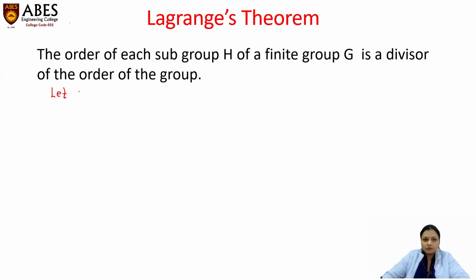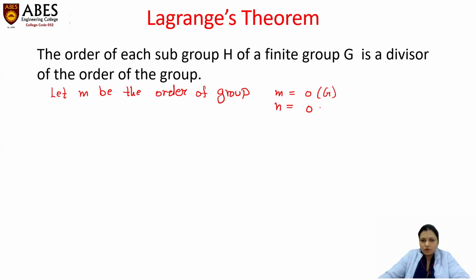Let M be the order of the group. Or we can say that M is equal to O of G and N is equal to O of H. And as we have previously concluded that if we take the union of cosets of a particular subgroup, we will get a group.